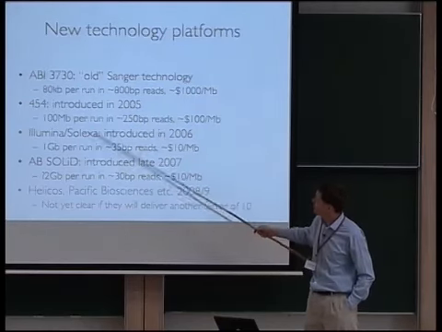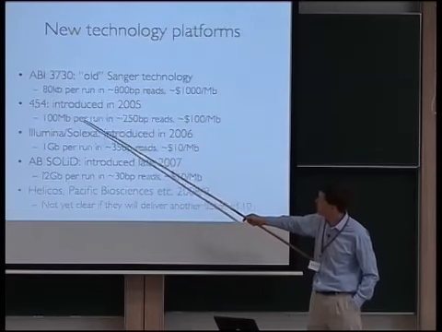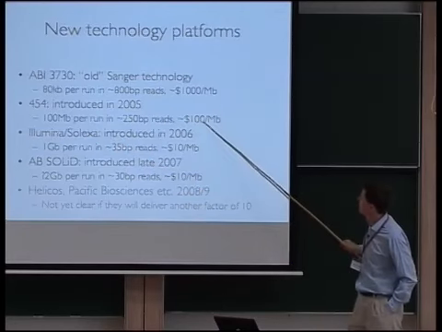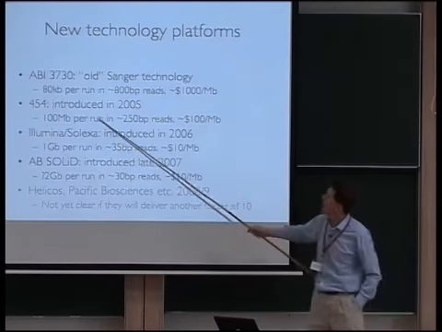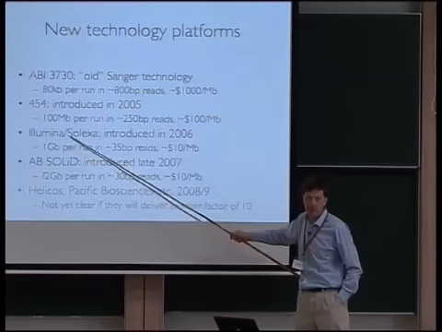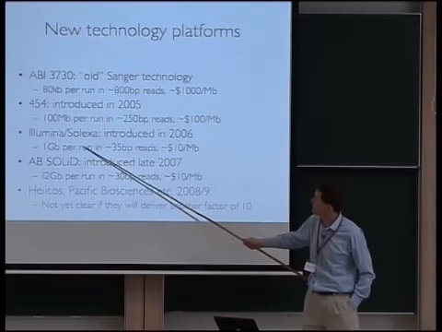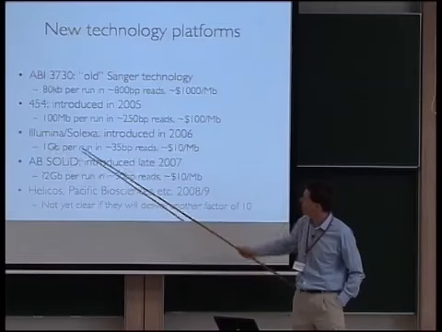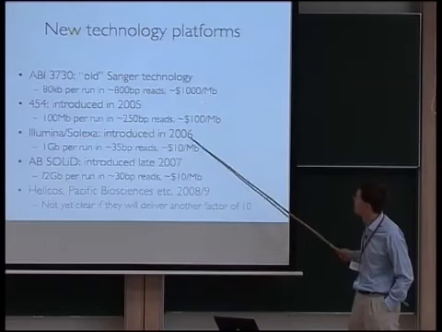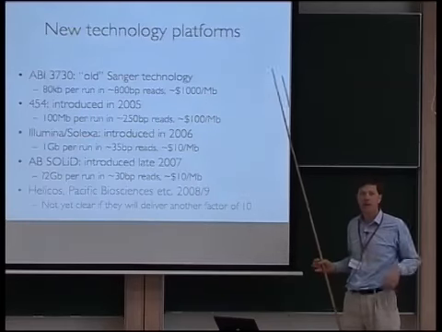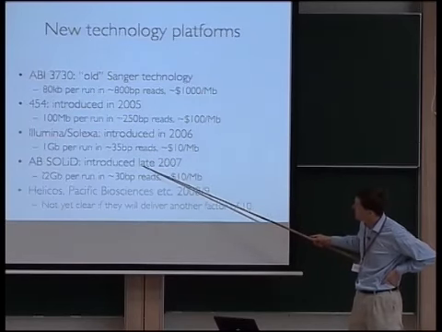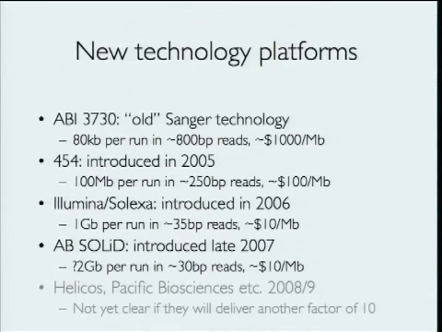These are all the new technologies, first introduced in 2005. We got 1,000 times more data per run, at a tenth of the cost. And the next generation, coming just 1 year later, was another factor of 10 in amount of data per run, and a factor of 10 reduction in cost. So there's a 100-fold reduction in cost that's taken place over a period of a few years. And there's a second machine that was introduced late last year with very comparable performance to the Illumina Solexa.